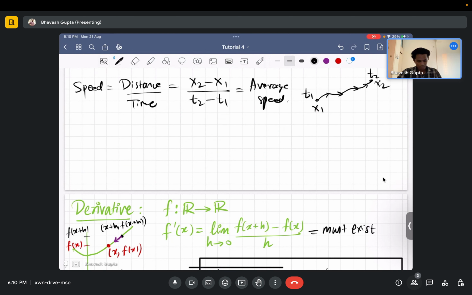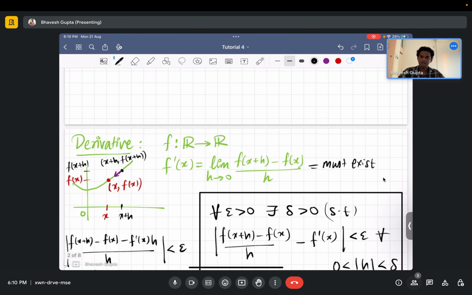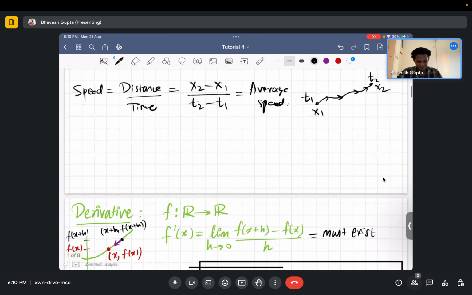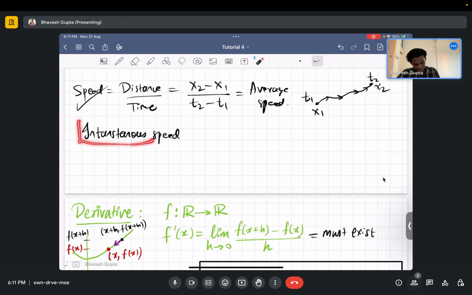So the derivative also calculates a speed, for example, in this case, but it doesn't calculate average speed. Basically, it calculates something called instantaneous speed. The word itself, instantaneous, says that it gives you the speed at that particular time instant.